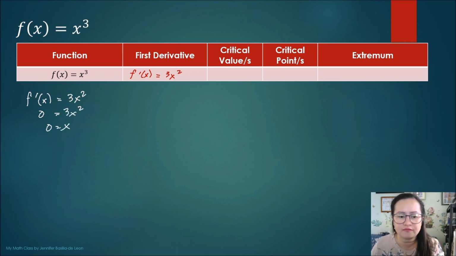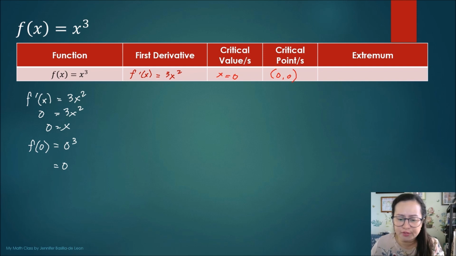Hence, we can have x equals 0. That's the critical value. Now, to get the critical point, we have to evaluate the original function at x equals 0. So we will have 0 cubed. Simplifying that, we will have 0. Therefore, the critical point is 0, 0.